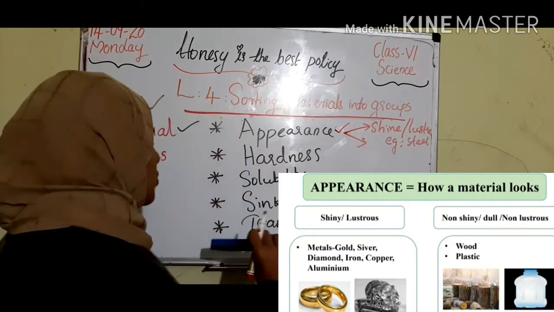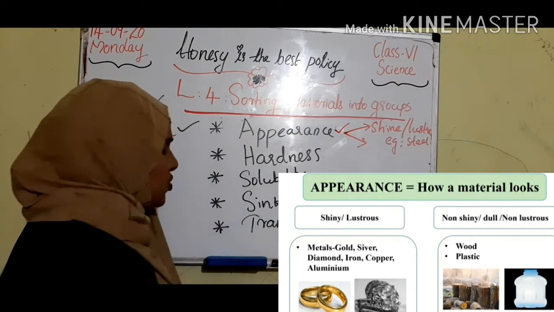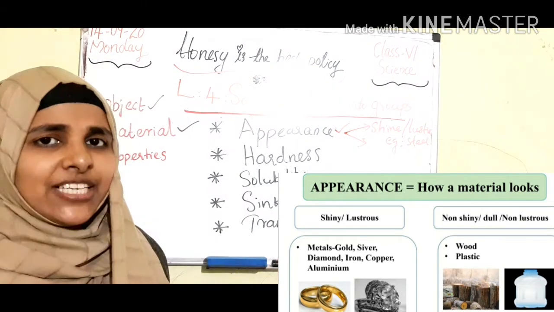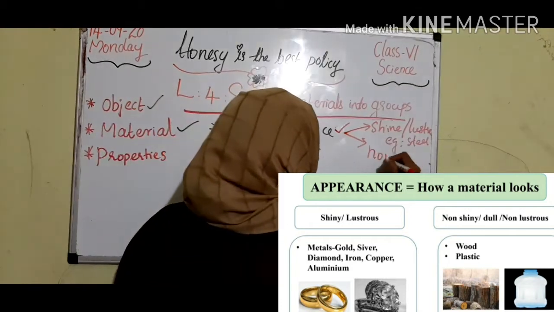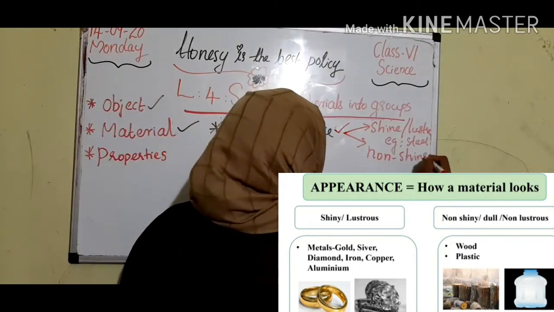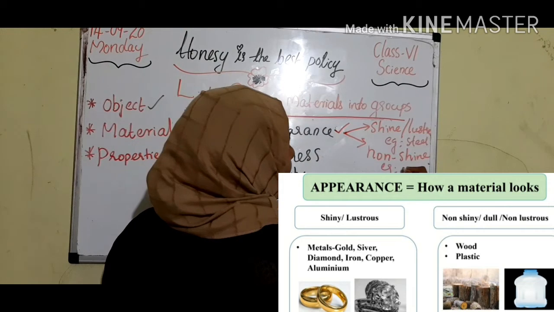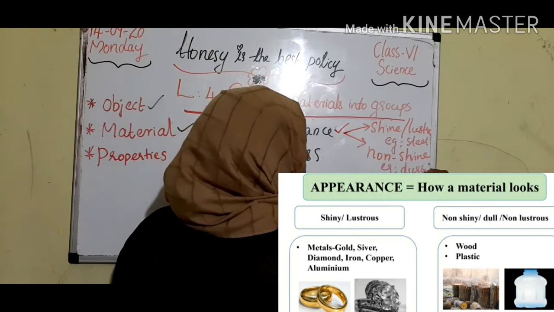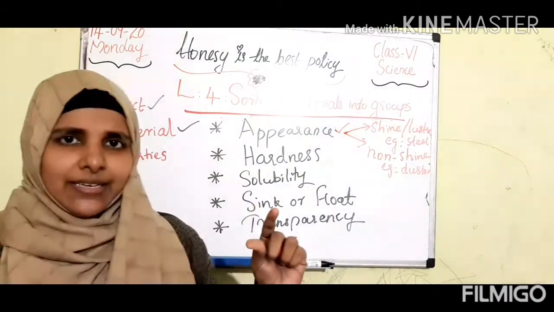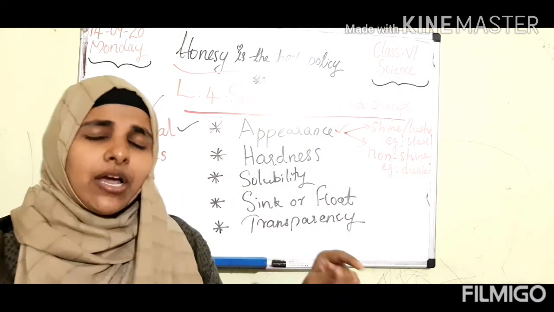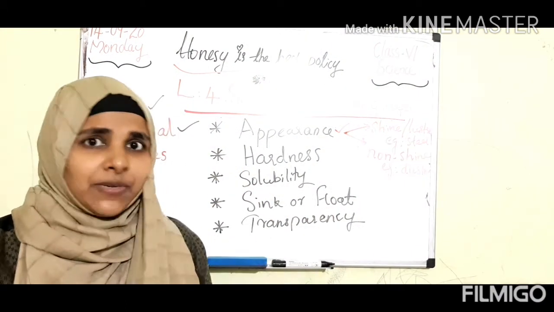No. So through the appearance we can understand this material is non-shiny or non-lustrous. We can write duster as an example. Clear, all of you? Understood? So the first property is its appearance. Through the appearance we can understand the nature of that material.